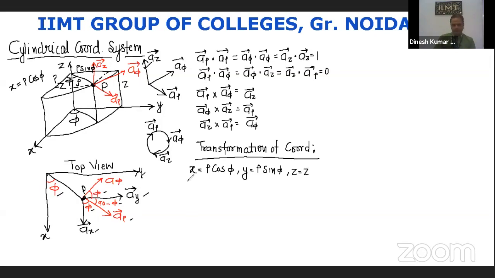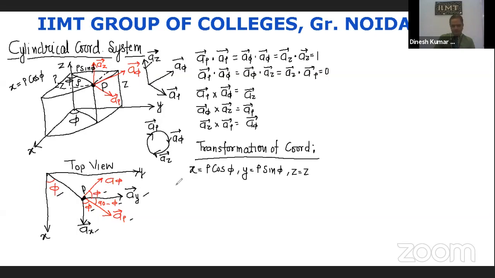Using these three expressions, you can convert the coordinates given in terms of rho, phi, and z, that is in the cylindrical coordinate system, into coordinates in terms of x, y, and z, that is in the rectangular coordinate system. What about the vice versa?